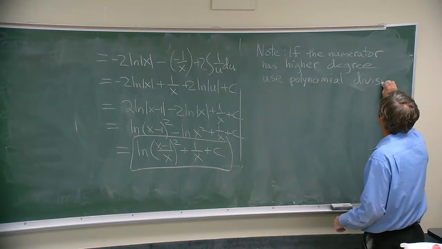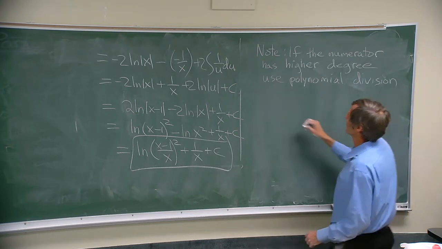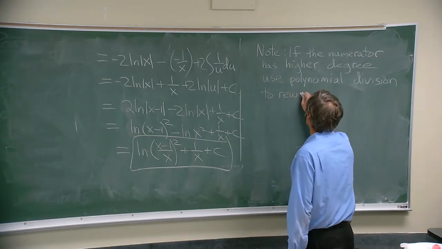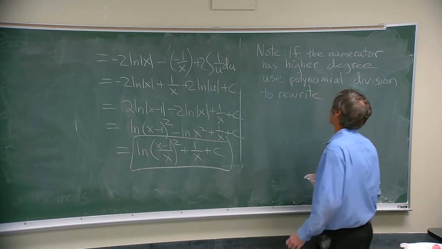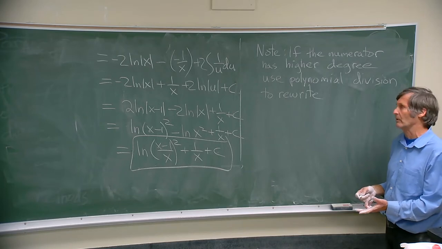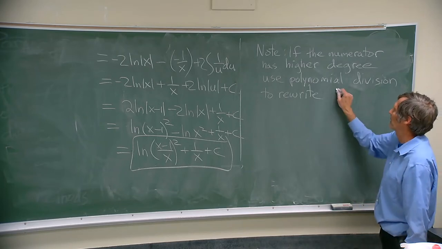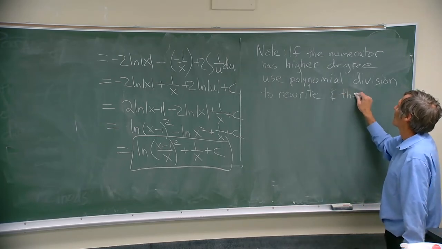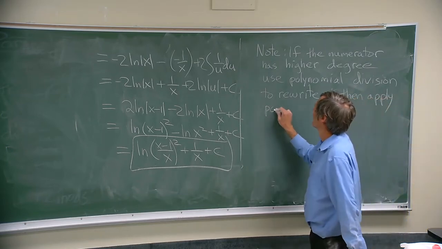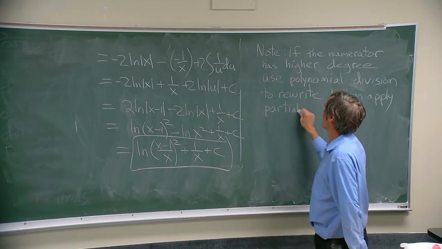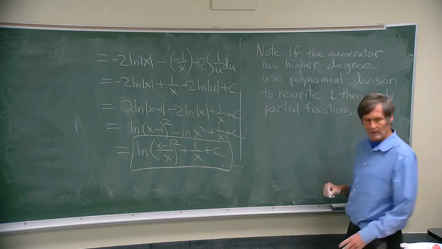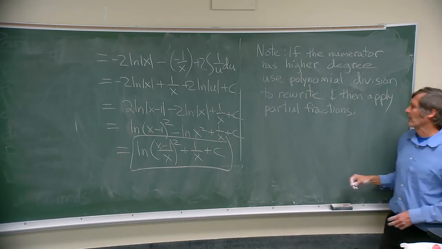I hope you remember it. Maybe you remember synthetic division too. It's a special case of polynomial division that works when you're dividing by x minus a number. Use polynomial division to rewrite it. When you rewrite the quotient after polynomial division, you'll get a quotient where the numerator is lower degree, and then you can apply this technique. So that's what we're going to do in that case.